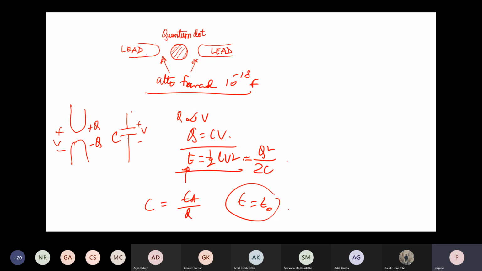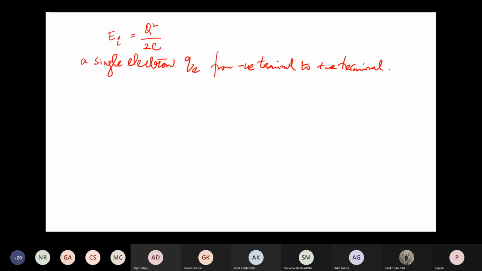So the top plate charge becomes what? The top plate now has charge Q plus Q_E, and the bottom plate minus Q minus Q_E, right?